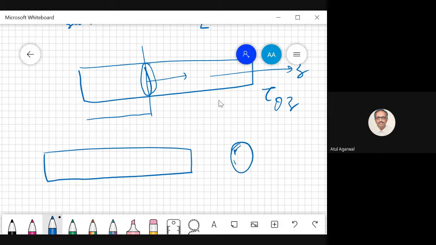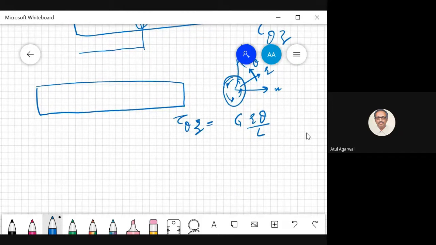This is the direction of force on this cross-sectional plane. This was your x-axis, this was your y-axis, this is the r direction, this is the theta direction. So your force is in the theta direction at any position, tangential to the circumference. So your tau theta z you found was G r theta by L.